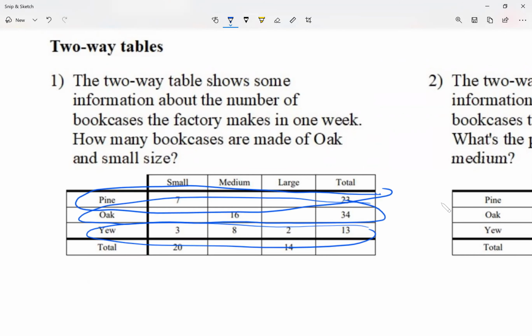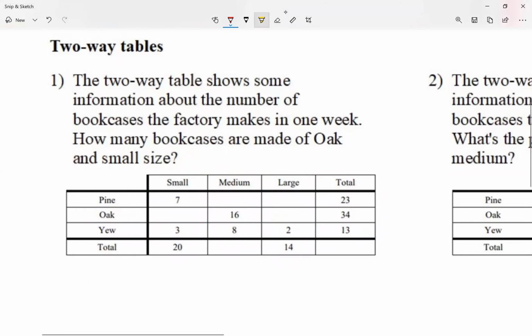If we want to know about the sizes, we read it this way: small, medium, and large. It depends whether you want to read the material it was made of or the size it was made. That's what we call two-way.